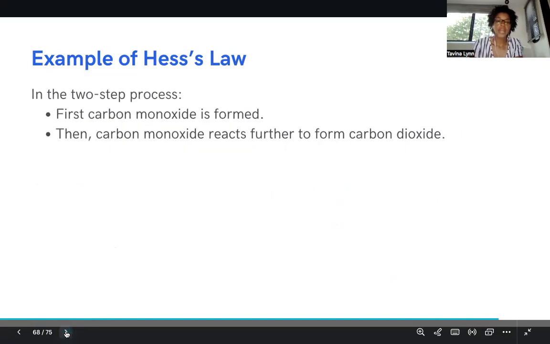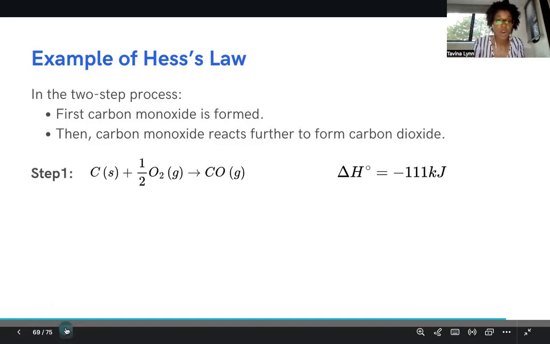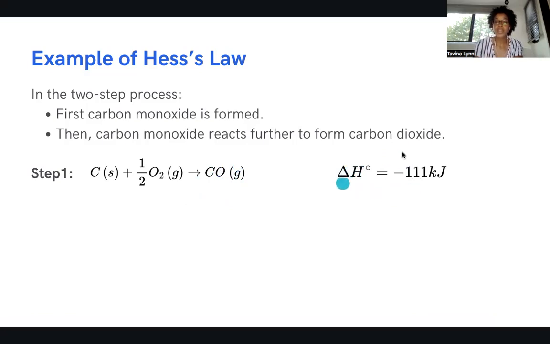So this is the direct process. Now, if it's a two-step process, first, carbon monoxide is formed, and then that carbon monoxide reacts further to form carbon dioxide. So here is the reaction for each step. We've got graphite reacting with oxygen gas to form carbon monoxide. And the standard enthalpy change for that reaction is negative 111 kilojoules.